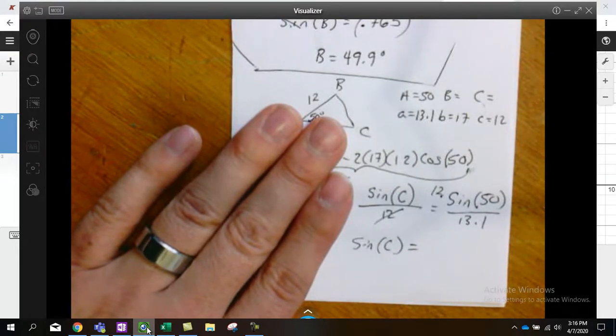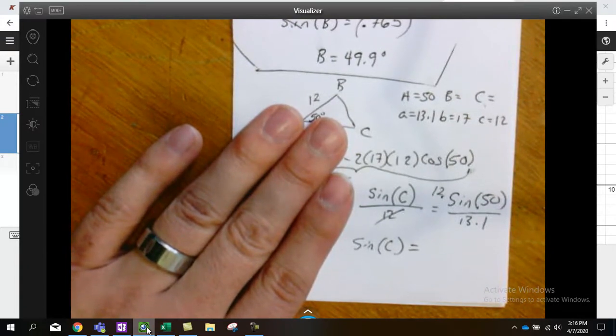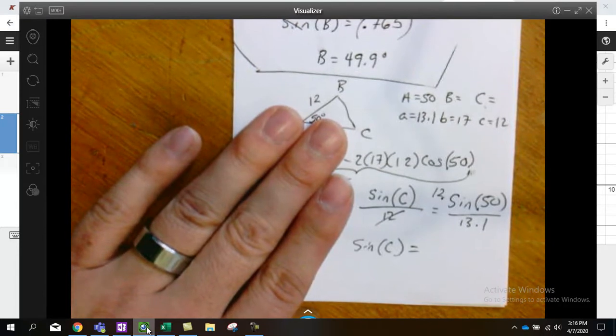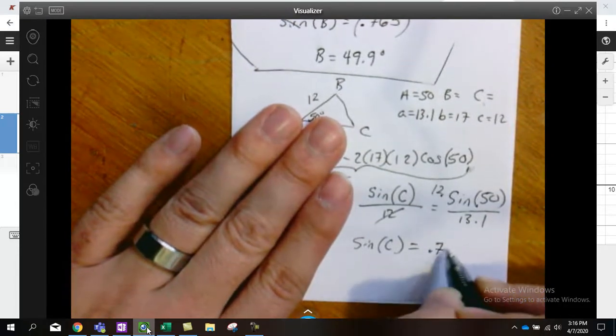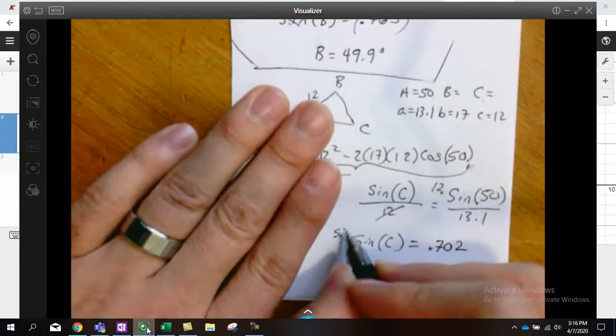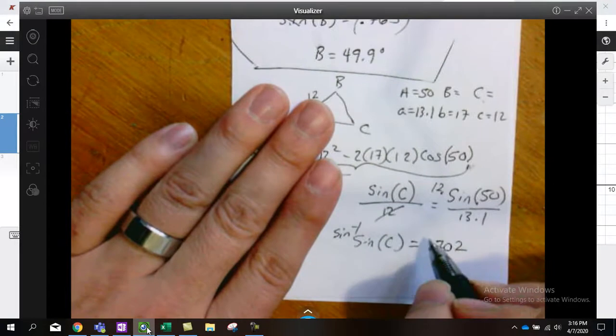If we take 12 times the sine of 50, divided by 13.1, 0.7. We take the sine inverse.